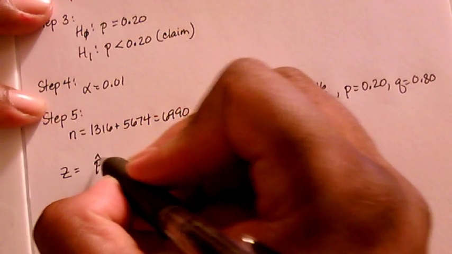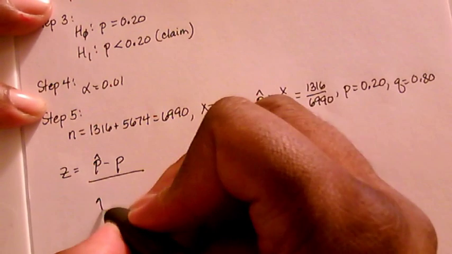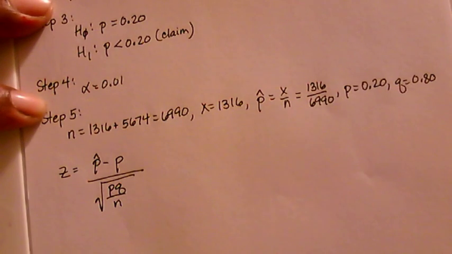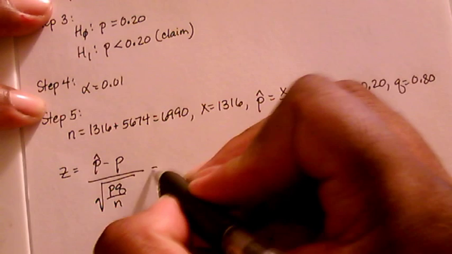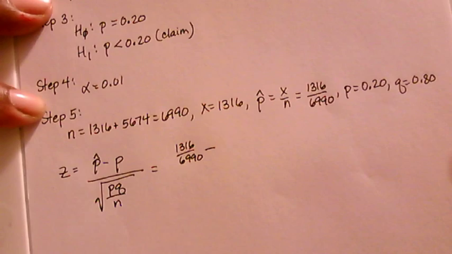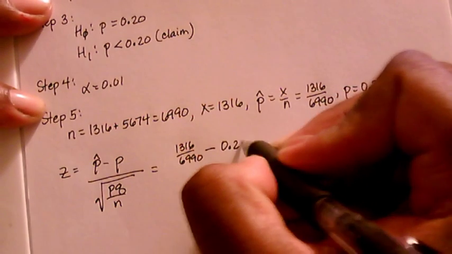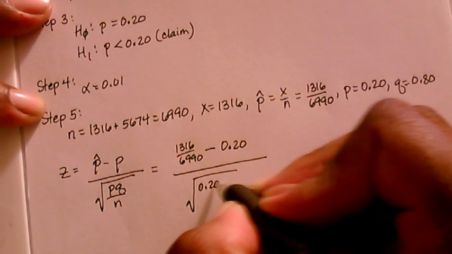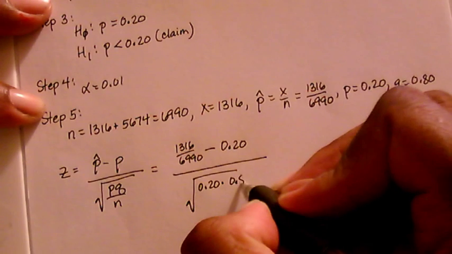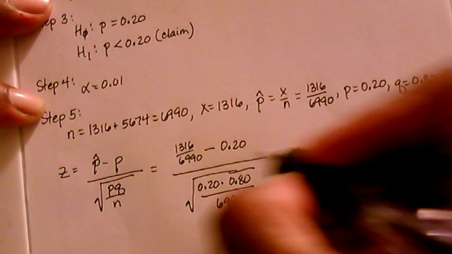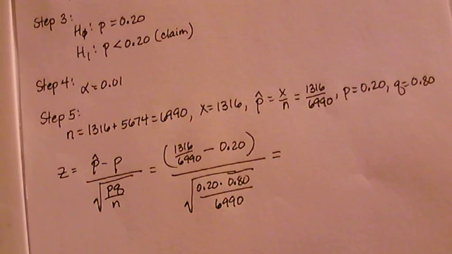Z is equal to P hat minus P divided by the square root of P times Q divided by N. Now in this case, your P hat is that 1316 over 6990 minus P, which was 0.20, divided by the square root of P again is 0.20 times Q, which is 0.80, divided by N, which is 6,990. Now again, we put this in the parentheses when we use the graphing calculator.